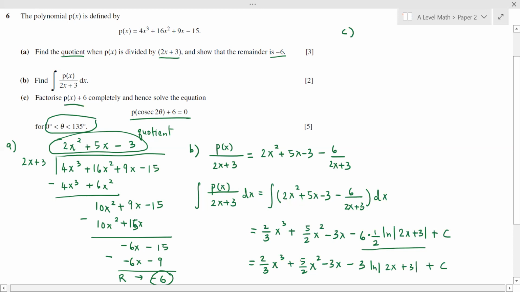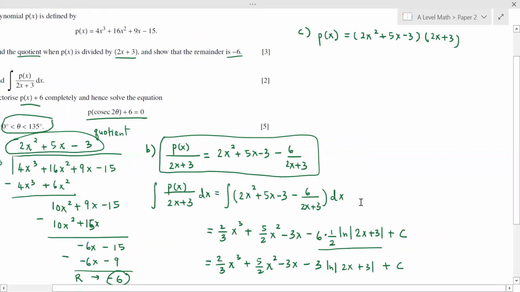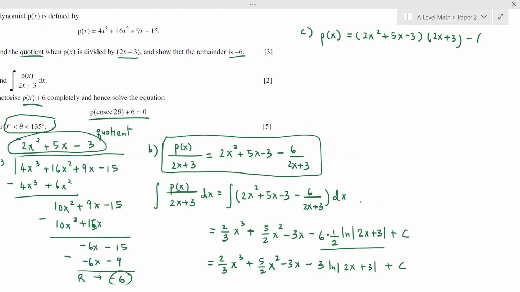Now, if you look at p of x plus 6 here, from this statement we can rewrite the division statement so that p of x is 2x squared plus 5x minus 3 times 2x plus 3, and then we have a negative 6 here. We bring this negative 6 over to the other side so that p of x plus 6 is 2x squared plus 5x minus 3 times 2x plus 3.